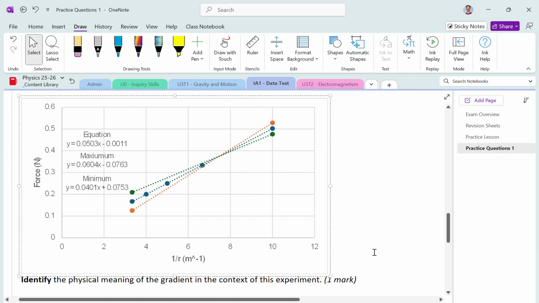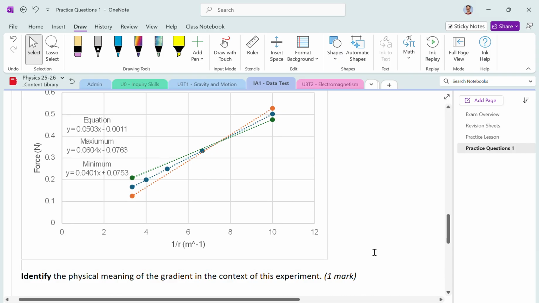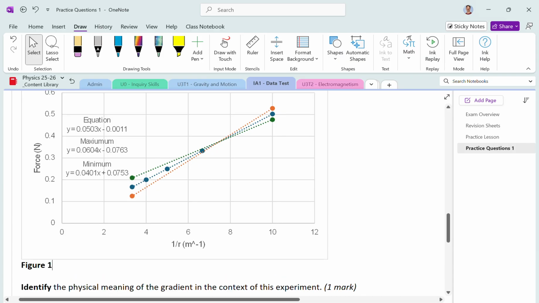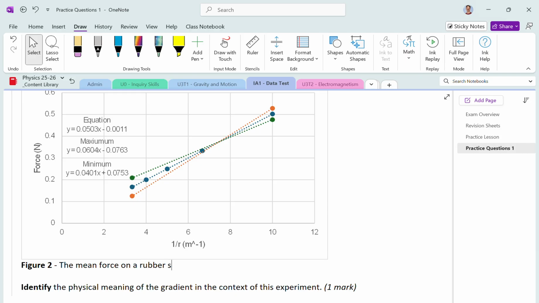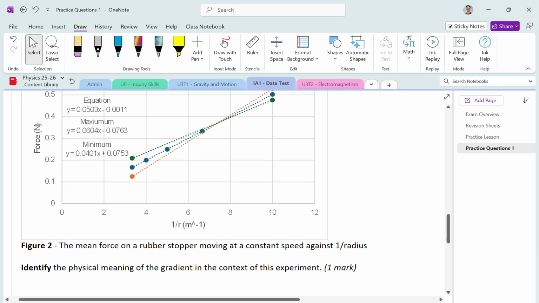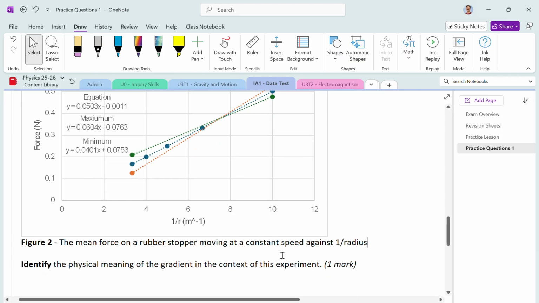We are now looking at Figure 2: the mean force on a rubber stopper against radius. Variations of that would be fine.